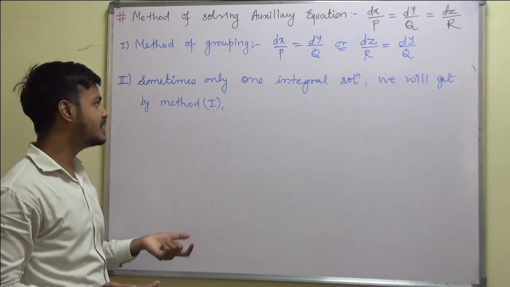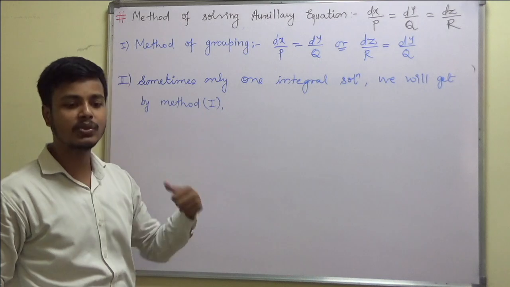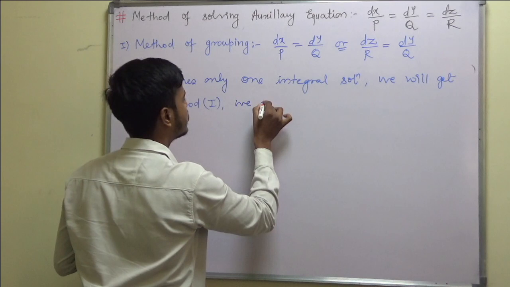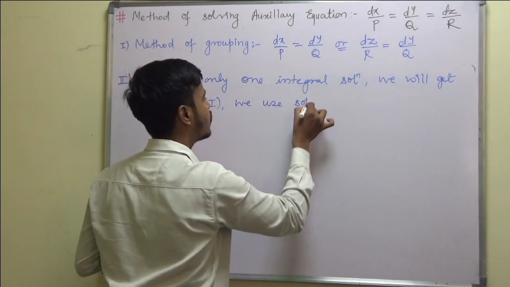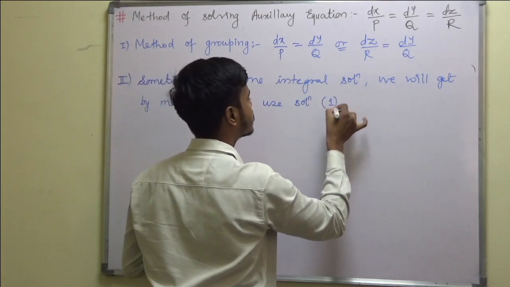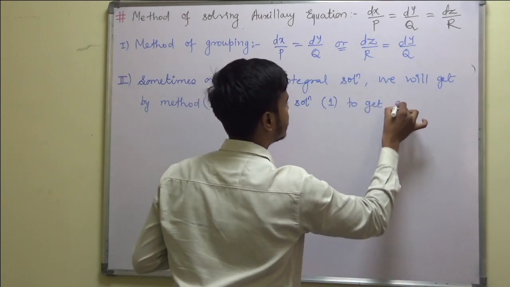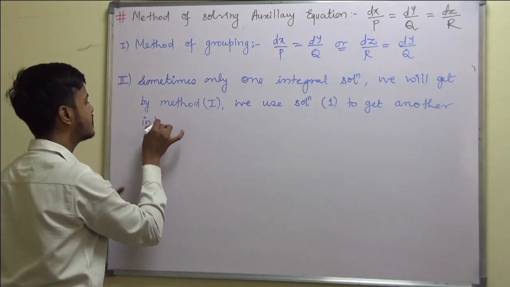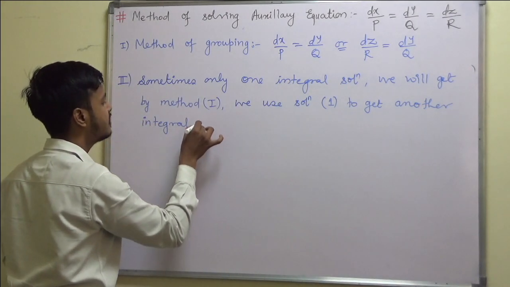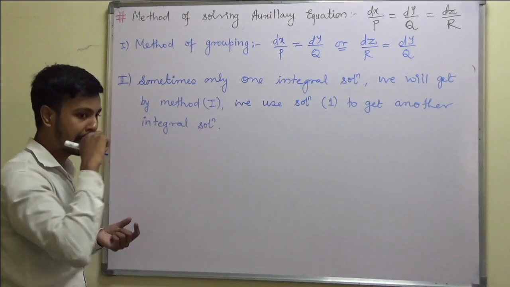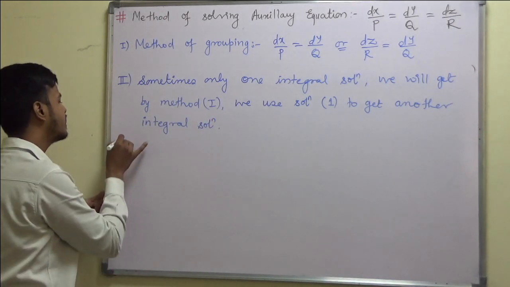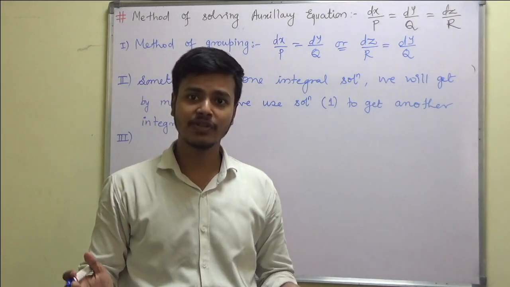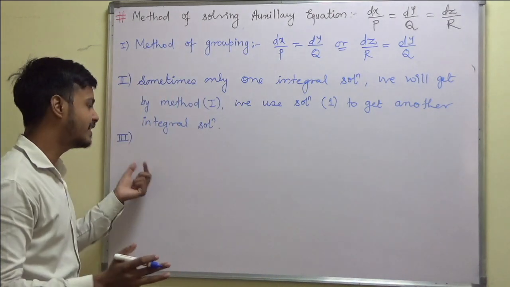What we can do is use solution 1 to get another integral solution. This is the second method, and the third one is very important and very easy if you get that method. Otherwise you may find it difficult.